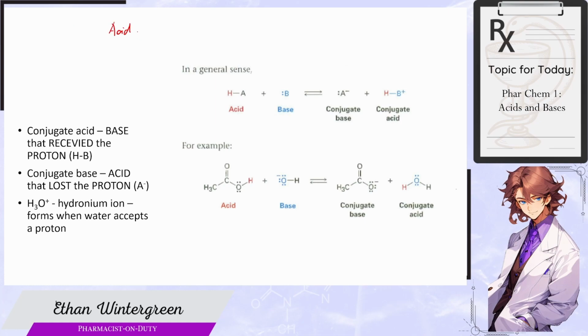Acid, HA. Base, B. Conjugate acid, BH. Conjugate base, A negative. Okay? Please be very familiar with the symbols since they will be used later.